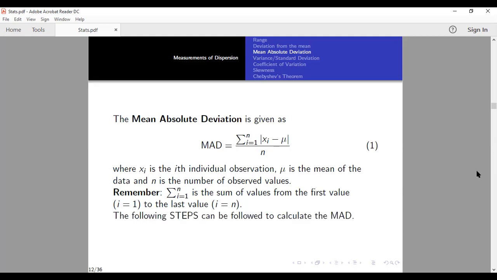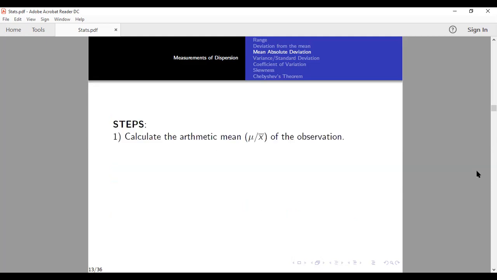The following steps can be followed to calculate. Step 1, calculate the arithmetic mean, because how will you subtract from each value if you don't know the mean? Of course, it's mu for population, x bar for sample. Then you determine the difference between each value and the mean that you've calculated in step 1.